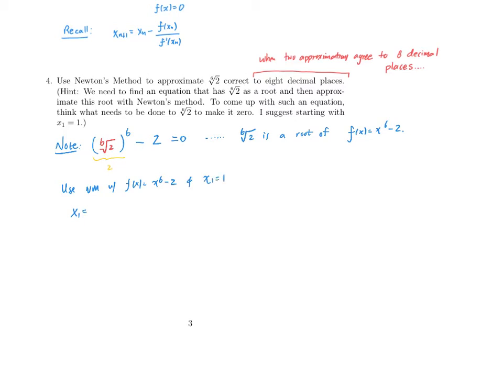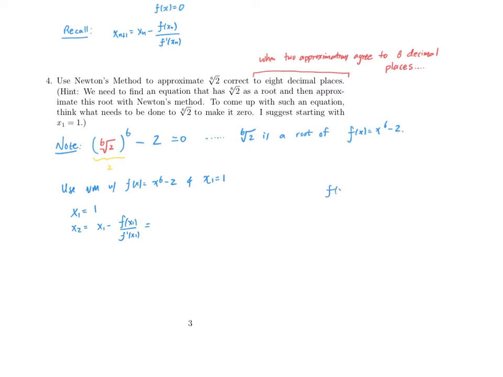And how would I come up with that? The square root of 2 is 1.414 something something something. The cube root of 2, the 4th root of 2, those are all values within a reasonable distance of 1. So let's just use that as our initial guess, a nice round number. So if x1 is 1, x2 is going to be x1 minus f of x1 over f prime of x1.